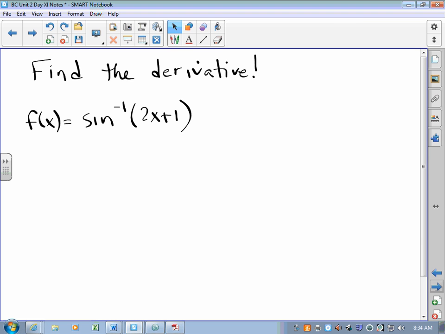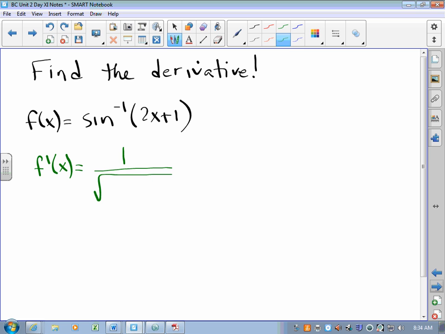I'm just going to reinforce the chain rule for about 4 minutes, and then we're going to be done. I want to find the derivative. So how do I find a derivative? Well, I know that the derivative of the inverse sine function is 1 over radical 1 minus x squared. So the derivative of the inverse sine of 2x plus 1 puts a 2x plus 1 in that slot.